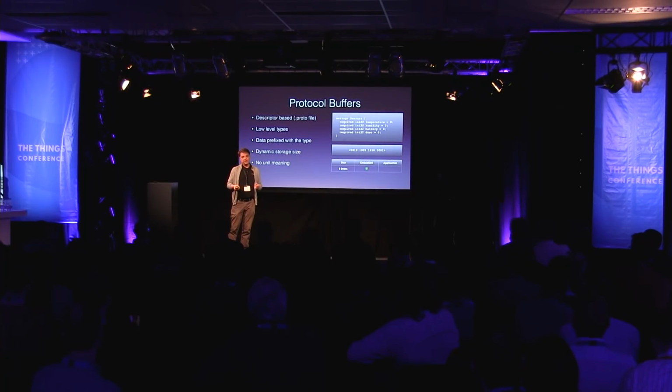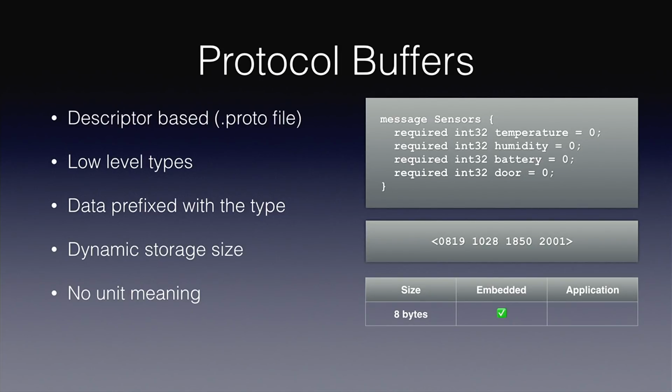But the good point is that it will use some dynamic data storage. The payload will be bigger as the data inside is bigger. For example, here, with my temperature, which was 2.5, so 25, it just needs 1 byte to store. So if we look at the example, we have the 08 19, sorry.